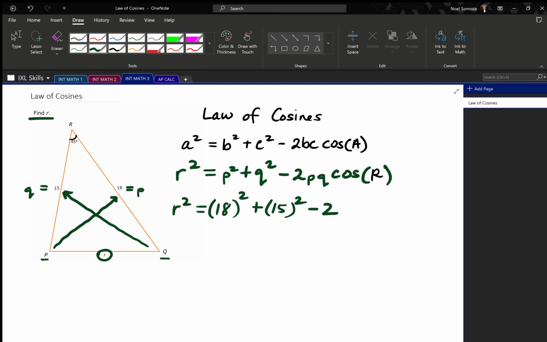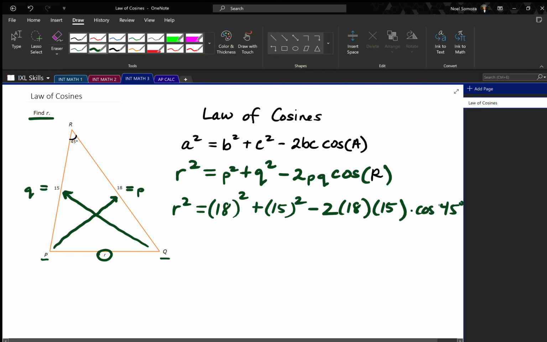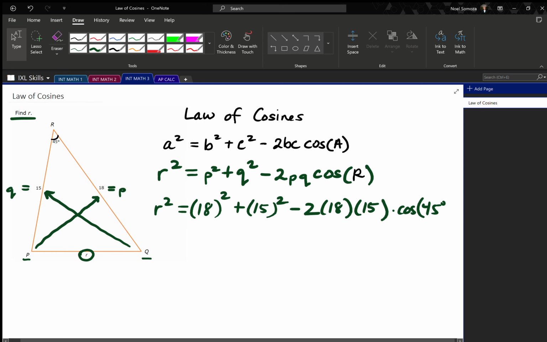Minus 2 times little p is 18, little q is 15, times the cosine of 45 degrees. Now, when you're doing problems like this, make sure that your calculator is in degree mode.